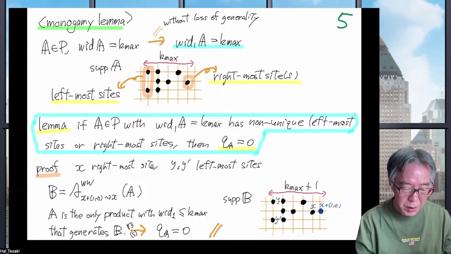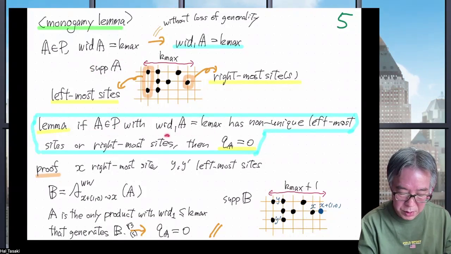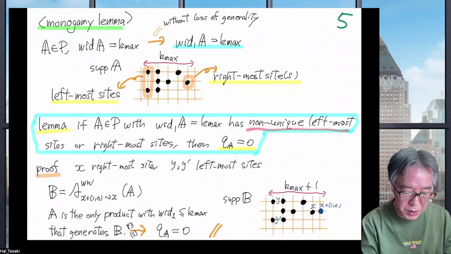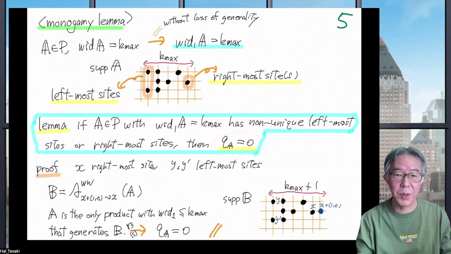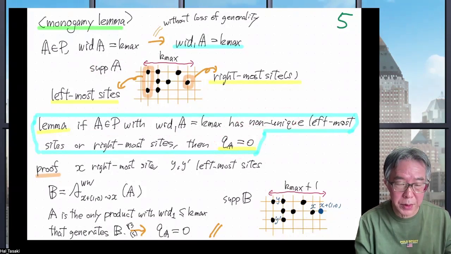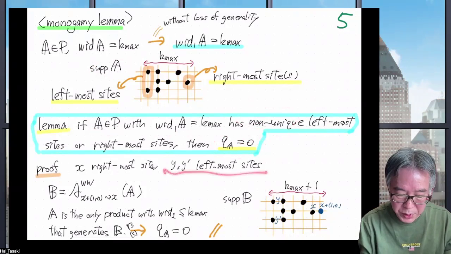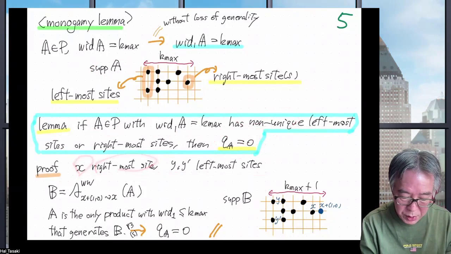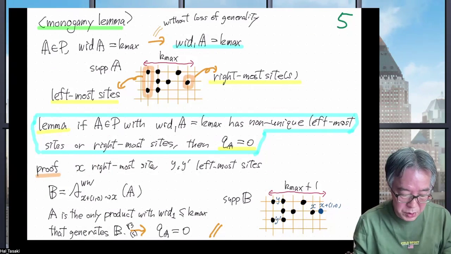And then here's the lemma. If this is a product with horizontal width Kmax, and it has non-unique leftmost sites or a non-unique rightmost site, then the coefficient must be 0. How do you prove this? Without loss of generality, suppose that the leftmost sites are not unique. Let's say that X is a rightmost site, and y prime are distinct leftmost sites.